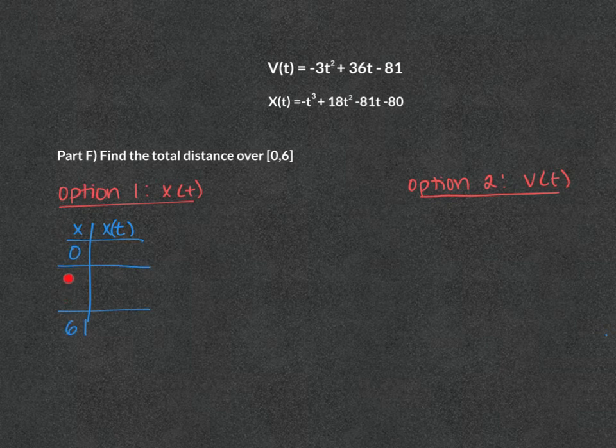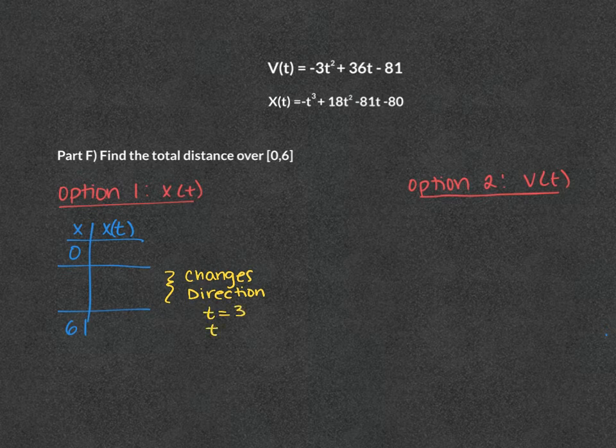And then the values that would go in here are actually where v of t is equal to 0, or in other words, where it changes direction. So I believe we answered that in part B. I believe we had time is 3 and time is 9. But be careful because the interval that I want the distance over is only from 0 to 6. So we're actually not going to use the 9, but just the 3.